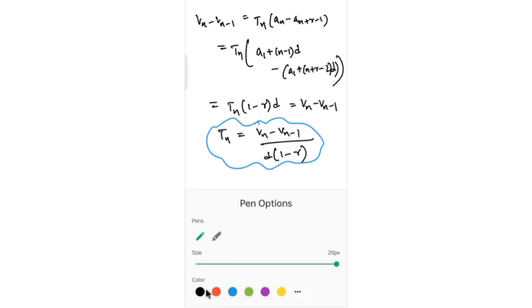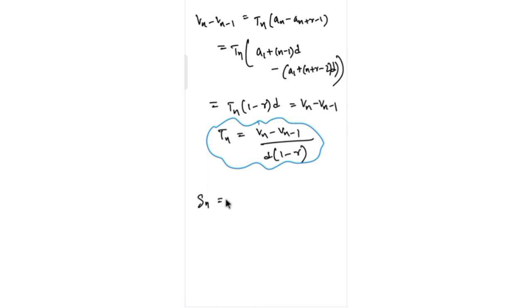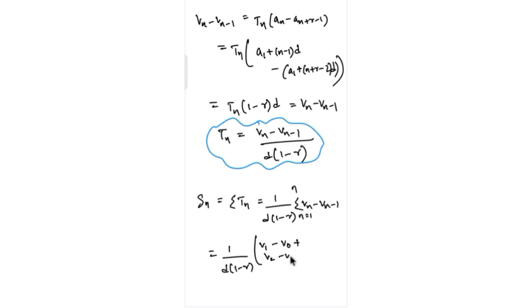And now Sn, the same thing, Sn can be evaluated just by putting sigma. So Sn is equal to sigma Tn, which is equal to 1 by d of 1 minus r into sigma Vn minus 1, from n is equal to 1 to n. So we can just evaluate that 1 by d of 1 minus r, the same thing, just put n is equal to 1, v1 minus v0 plus v2 minus v1 plus so on, vn minus 1.